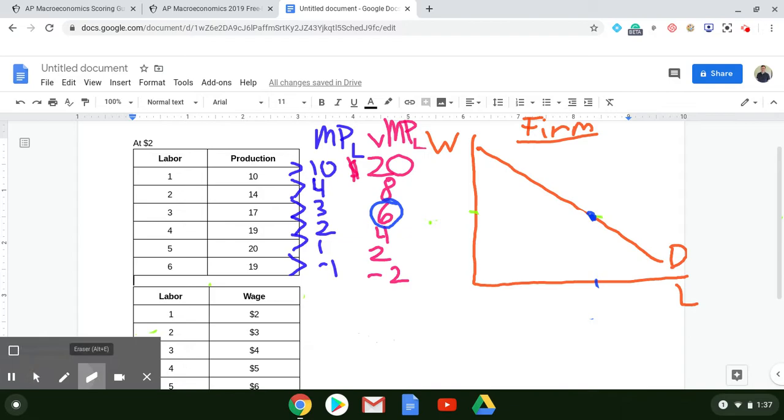One, this firm's market is not going to change. We're going to assume they're in a perfectly competitive market, just to make our math a little easier, so we can keep this $2 amount and the same value of marginal product.